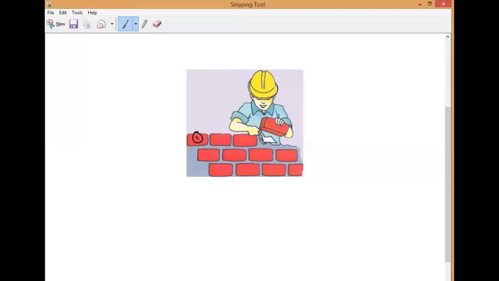One brick, second brick, third brick, fourth, fifth, sixth, seventh, eighth, ninth, 10, 11, 12, like this. So many bricks kept together form a wall.